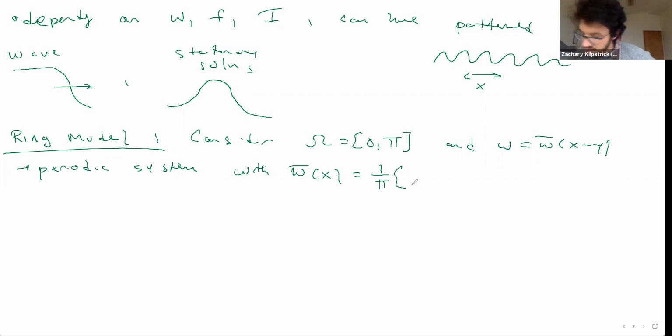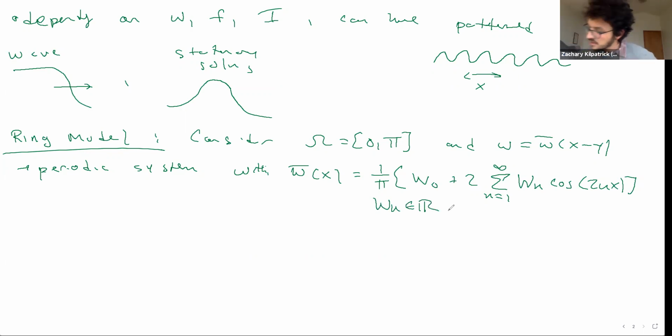And that's going to be scaled by 1 over pi so that the normalization works out nicely: W0 plus 2 times the sum from n equals 1 up to infinity of Wn cosine of 2nx. And Wn is going to be some real number in this case.